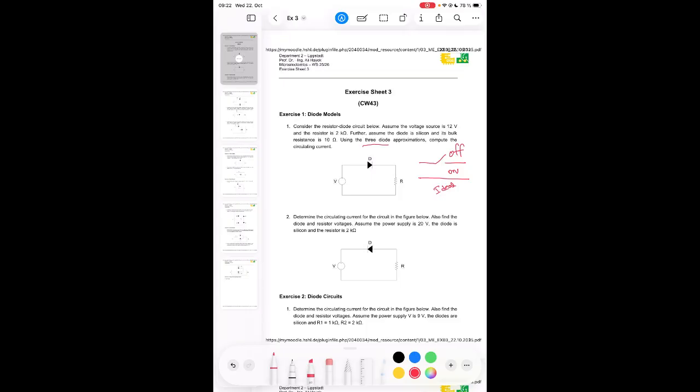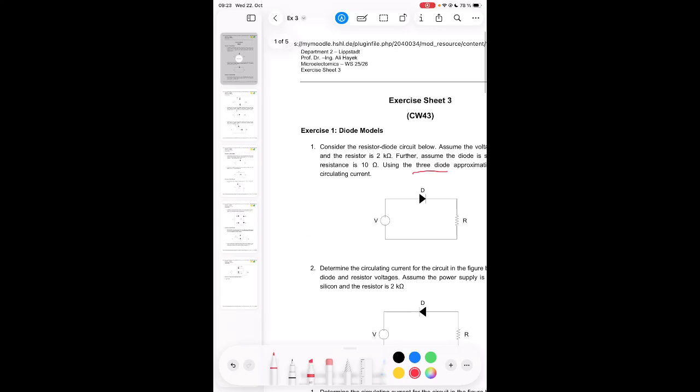So voltage drop, as we just call it, constant voltage drop. We just extend our switch model to a constant voltage drop. This is off, or closed switch.